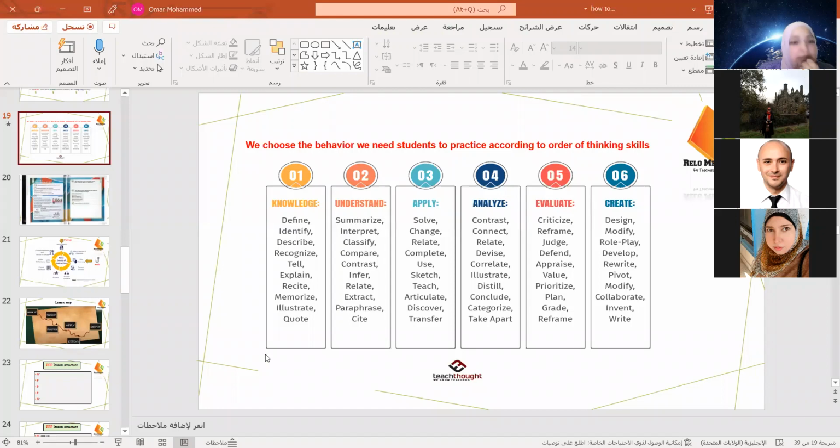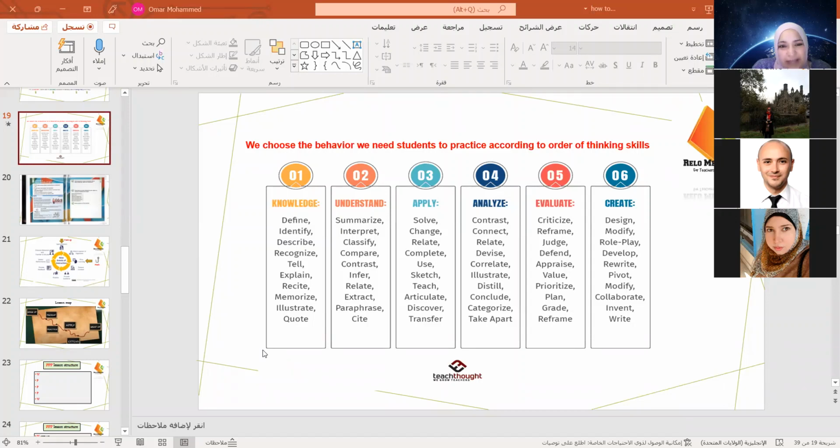Yeah, create, congratulations. Create, wonderful. Create is a higher order thinking. Students will be able to display their knowledge, wonderful. Yes. Which level of thinking is that?